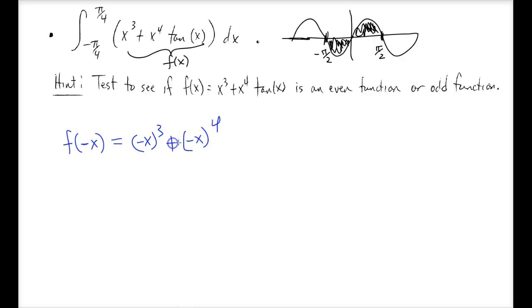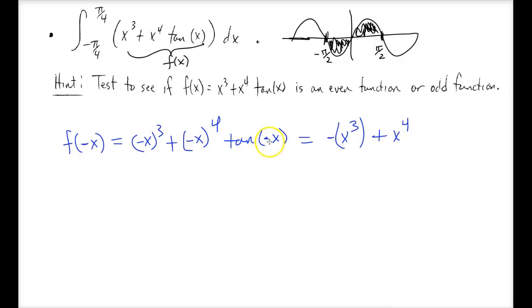And I know this should look very familiar to you all because this is a concept that comes from pre-calculus or college algebra, depending on what you took. And we see that negative x cubed is just going to be a negative x cubed like this, which we translate this way. Since we have negative x raised to an even power, that will stay as just positive x to the fourth.